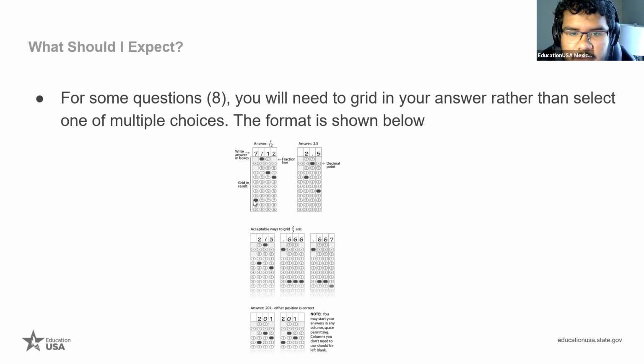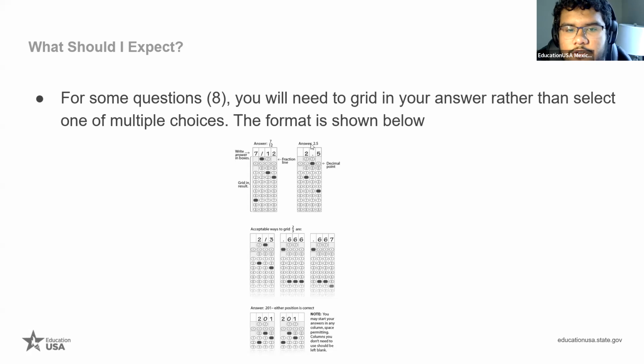You also have to write your answer in the box. So not only do you have to bubble the answer in, you also have to write it in these little boxes. As I was saying, they first bubbled in the number 7 here, followed by the division sign, which is up here. And then they bubbled in a 1 and a 2 for the last two slots of their answer.